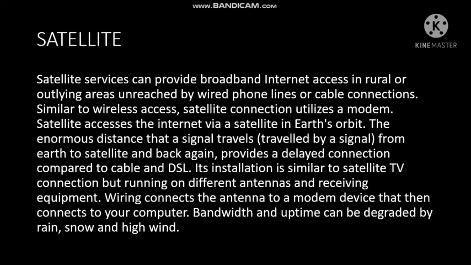Since in rural areas there is no other way of connecting, no wired phone, no cable connection, people go for satellite connections, but it provides low speed and is easily affected by bad weather. Like you must have noticed with DTH connections, sometimes it shows that due to bad weather conditions we are not able to get the signal.